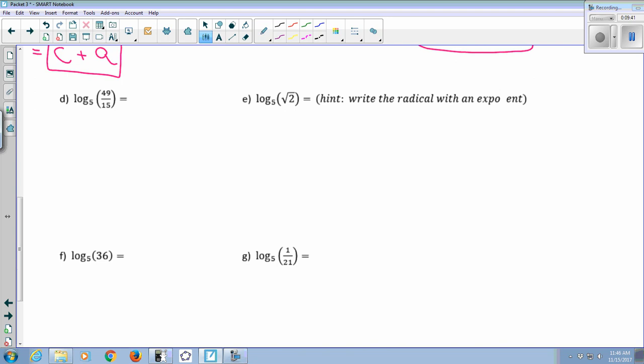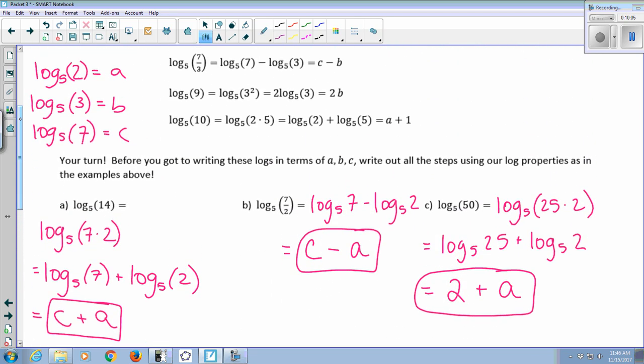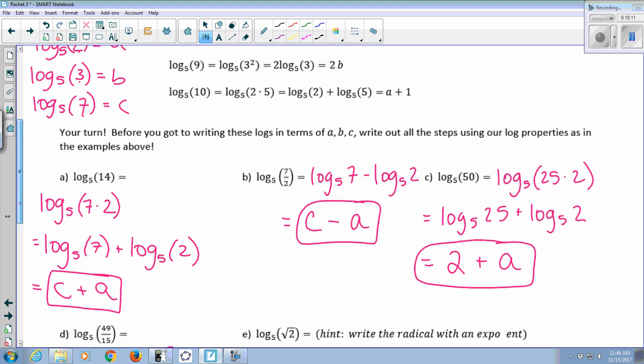Okay, log base 5 of 49 over 15. So I'm going to first expand this into a subtraction. Log base 5 of 49 minus log base 5 of 15. And then my 49 and my 15, I want to rewrite those inputs using 2s, 3s, and 7s, multiplication, division, and powers.